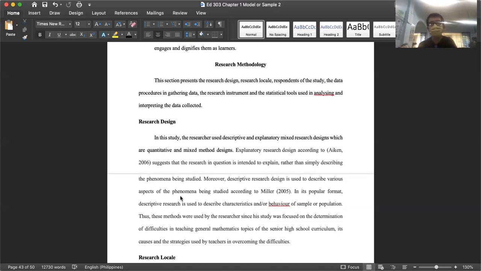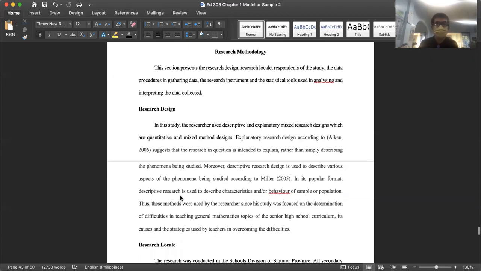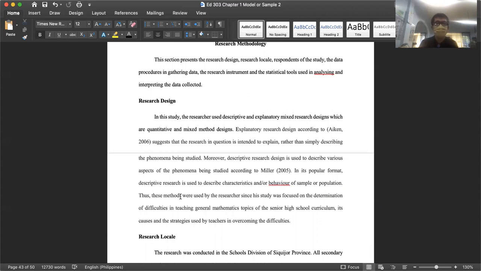Explanatory research design, according to ICANN, suggests that the research in question is intended to explain. And up to the statement, thus, these methods were used by the researcher since this study was focused on the determination of difficulties in teaching general math topics of the senior high school curriculum, its causes, and the strategies used by teachers in overcoming the difficulties.